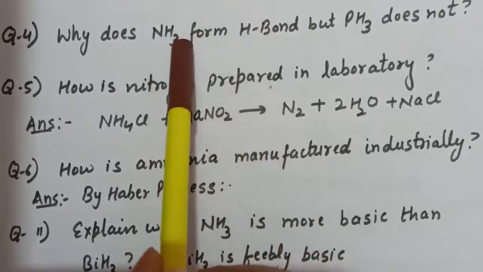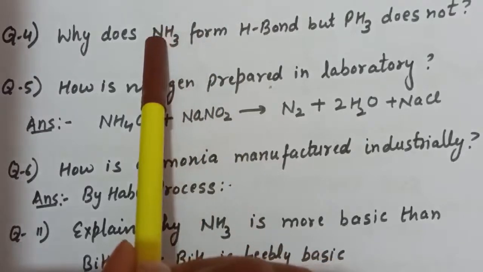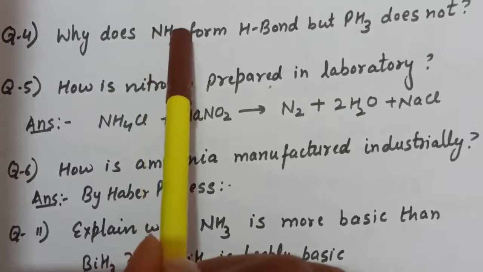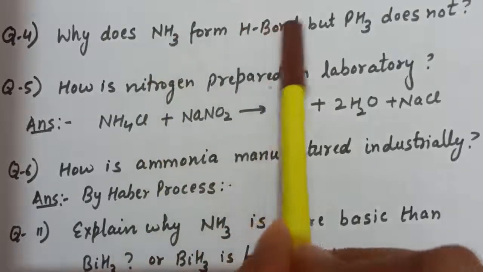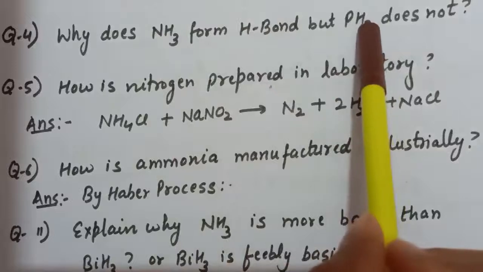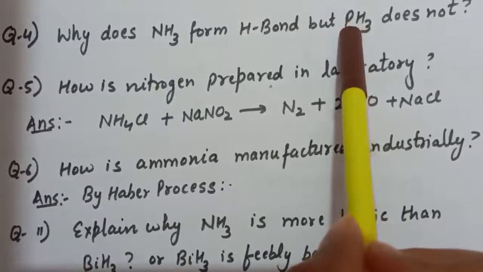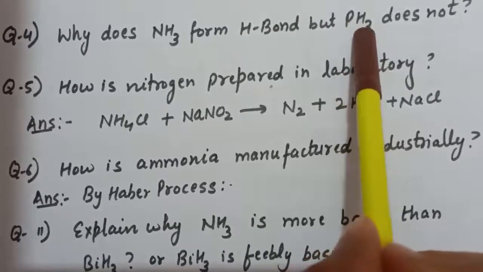In NH3, nitrogen is smaller in size and highly electronegative in group 15, that is why it forms hydrogen bonds, whereas in PH3, the size of phosphorus is larger and the electronegativity is also less. Therefore, it does not form hydrogen bonds.